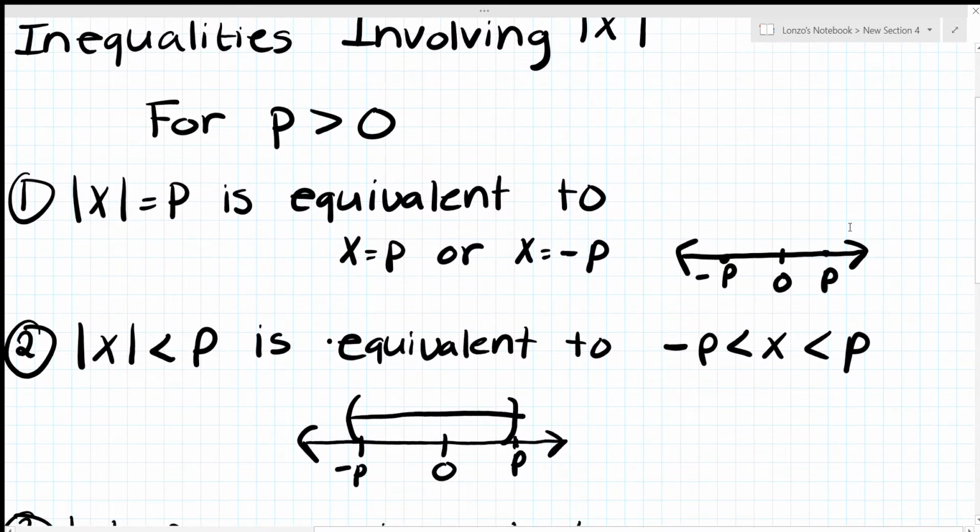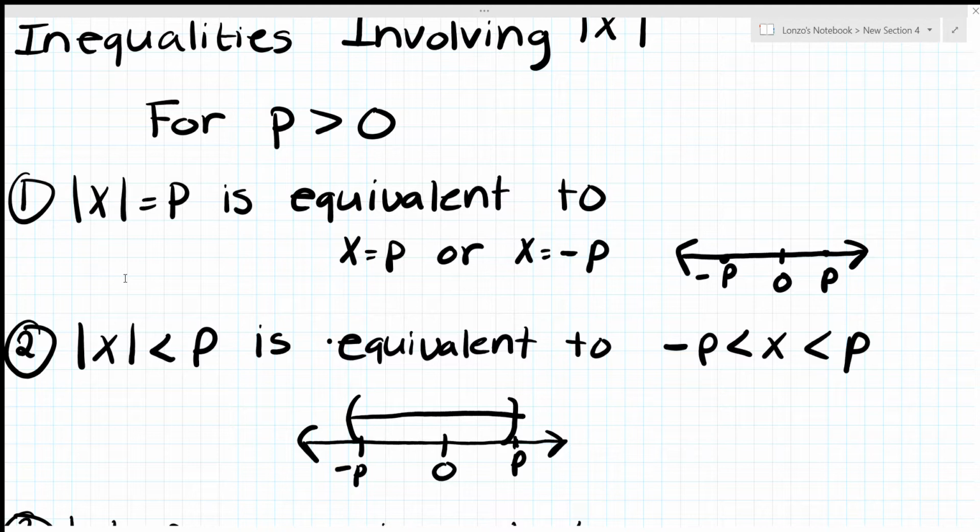It just means you have two answers. On a number line you have positive p and negative p, right? That's only when you have equal. So when you have a regular absolute value, you're going to get a positive number and a negative number. That's what rule 1 says.